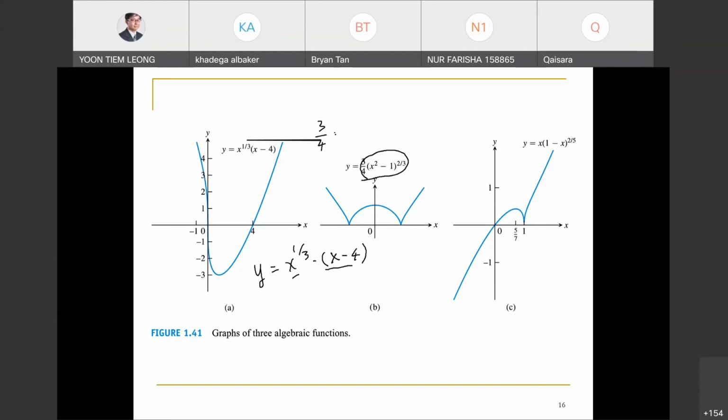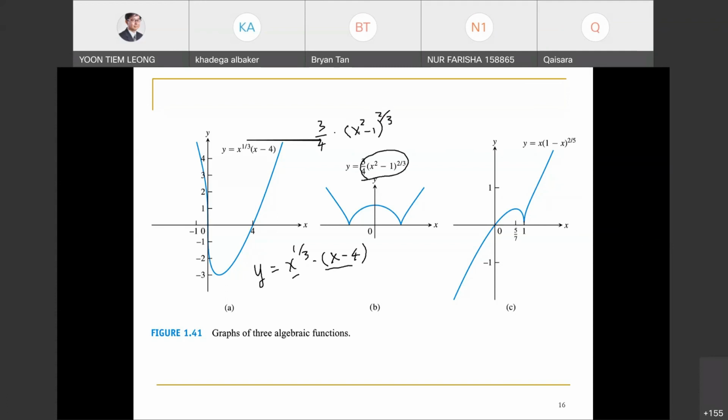So a constant function is a polynomial of degree n equal to 0. You multiply this with a polynomial of degree 2, and once you have this polynomial, you perform another operation on it, which is to raise this polynomial to the power of 2 over 3, right?